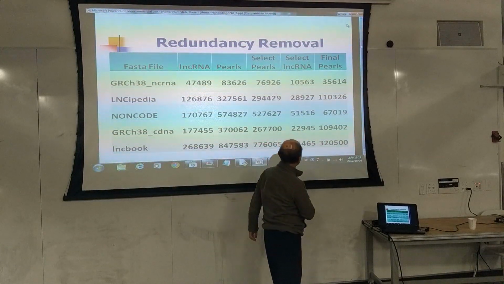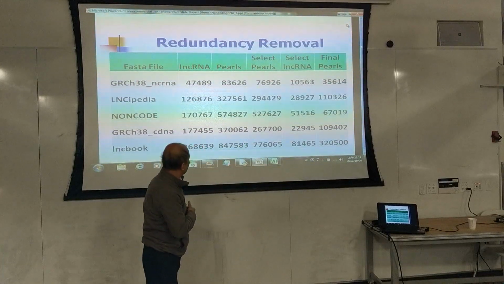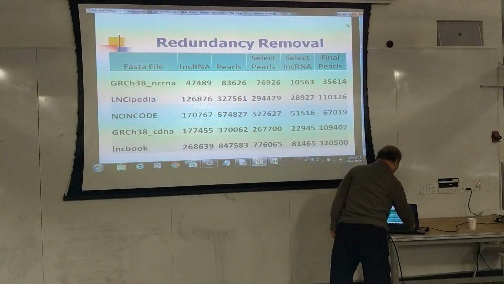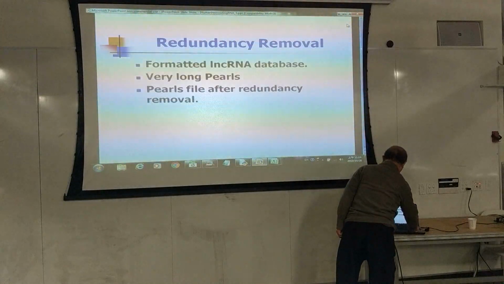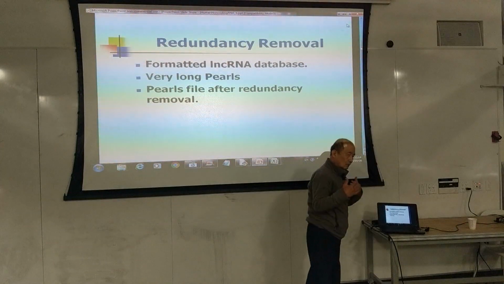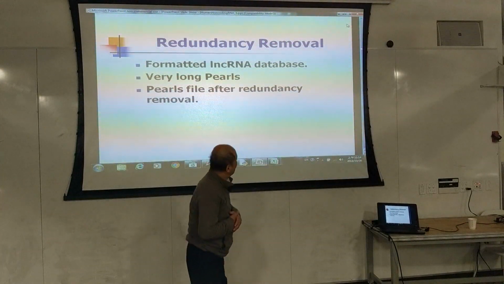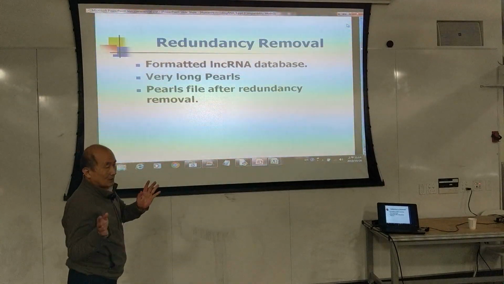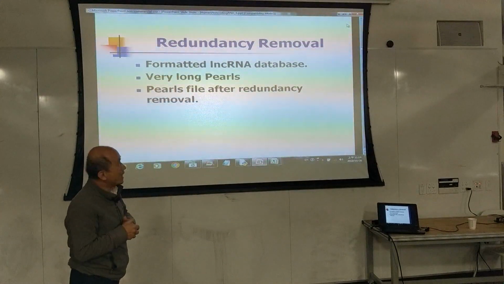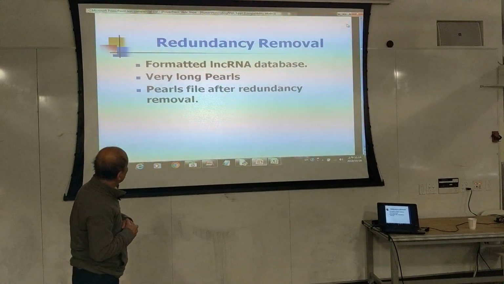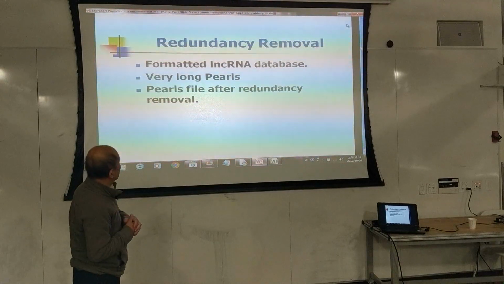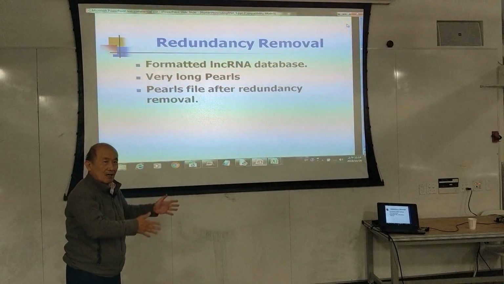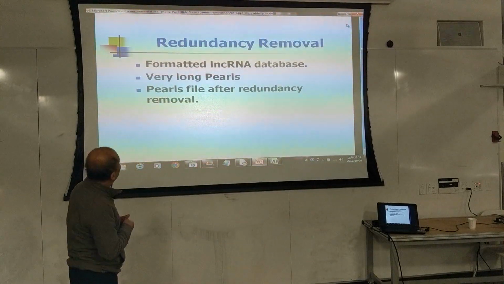So I think this way the pairs are much more meaningful. Here I'm going to show you 3 screenshots of the data. One screenshot is the database as I formatted it in the name and sequence format, and I'll show you going through this file the first time.